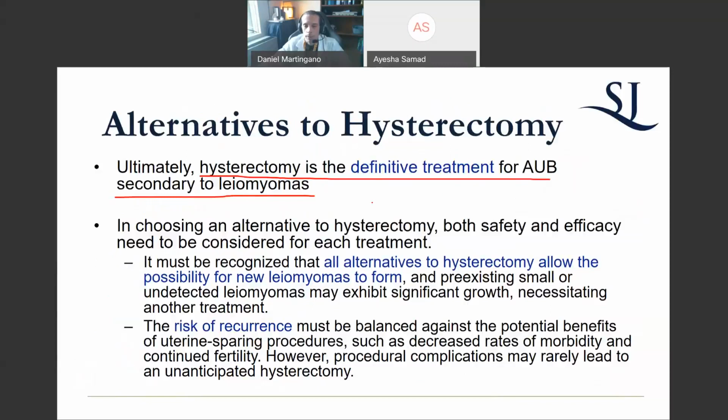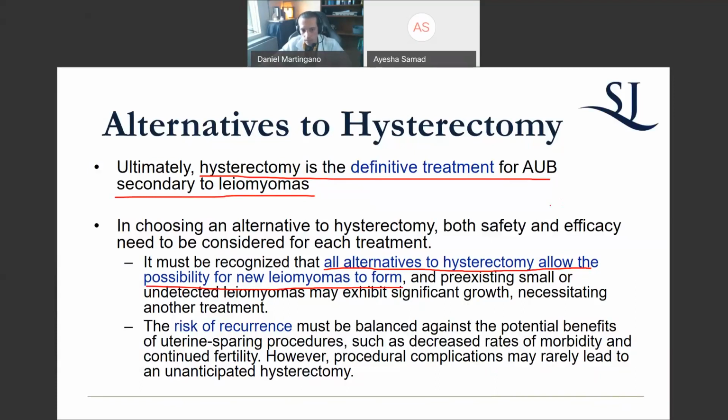So that being said, in relation to leiomyomas, all alternatives to hysterectomy allow the possibility of new leiomyomas to form. A lot of times your patients are going to say, if I do this, can they grow back? And the answer is invariably yes. Even if I remove every single one that I see, which is possible, they can come back.